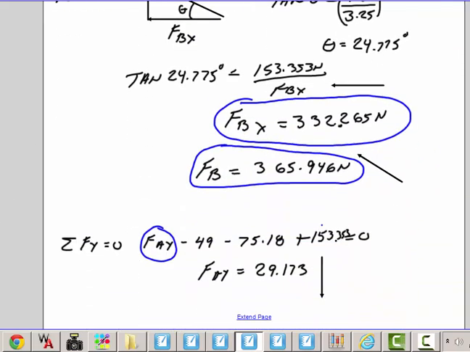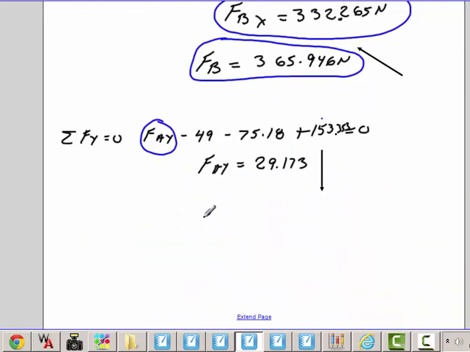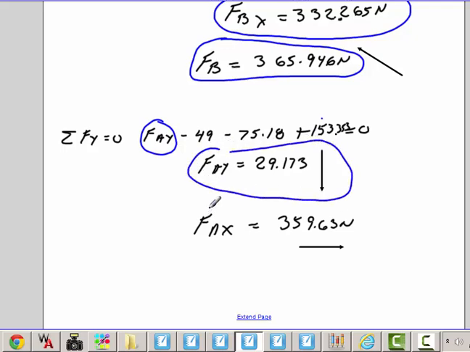When I solve for that, I will get FAX is equal to 359.63 newtons. Again, it's positive, so it's going back that direction as I have shown. So those are the values for FAY here, and those are the values for FAX there.